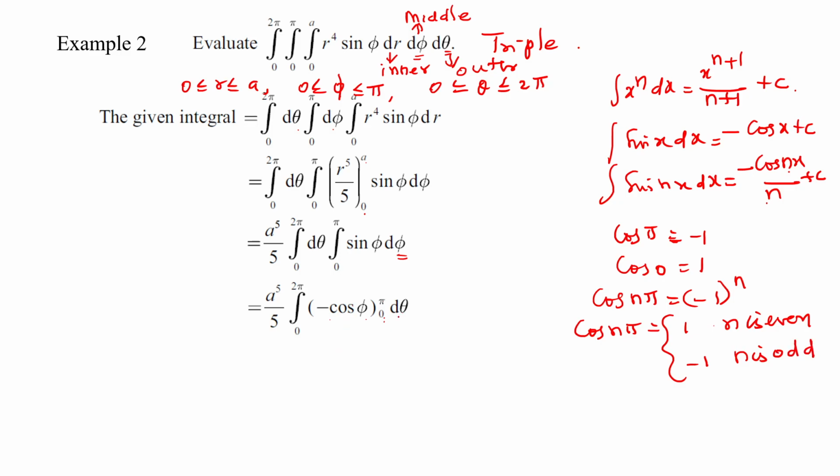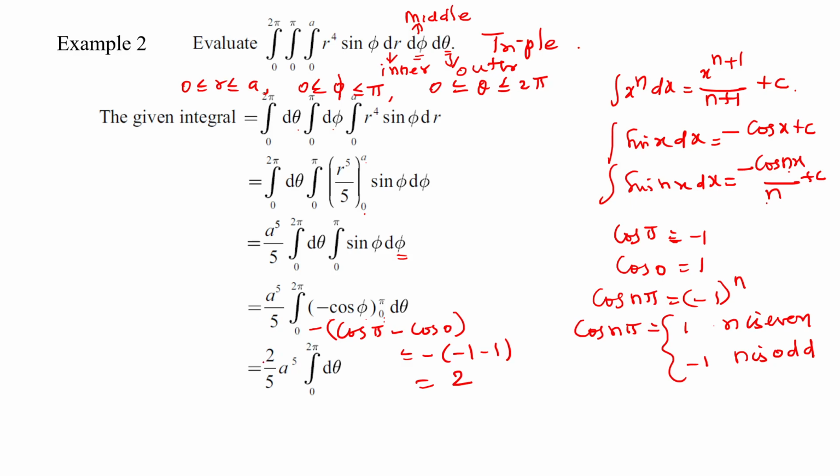So if we substitute the value from 0 to pi, you will get minus cos pi minus cos 0, and then the outside minus is there, so minus of minus 1 minus 1, that is equal to plus 2.